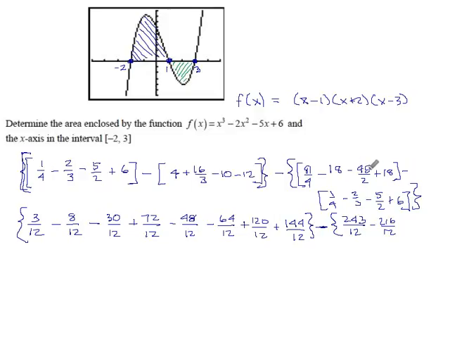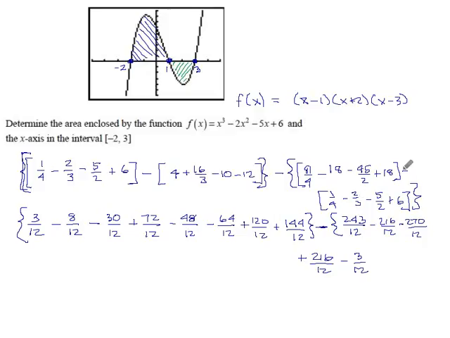Let's see, this is 45 over 2 times 6, so 270 twelfths. And plus 216 twelfths. Then minus a quarter, which is minus 3 twelfths.